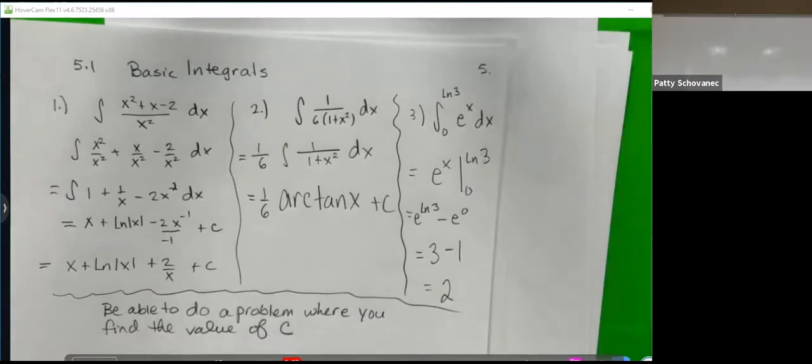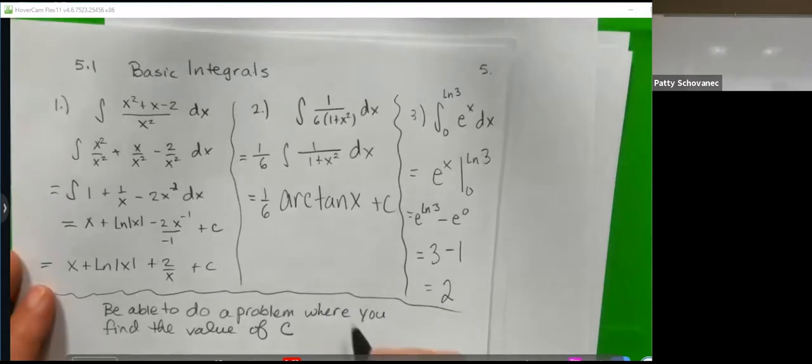And so, if you've got a book, I'm referring to something like example 7 on page 330.